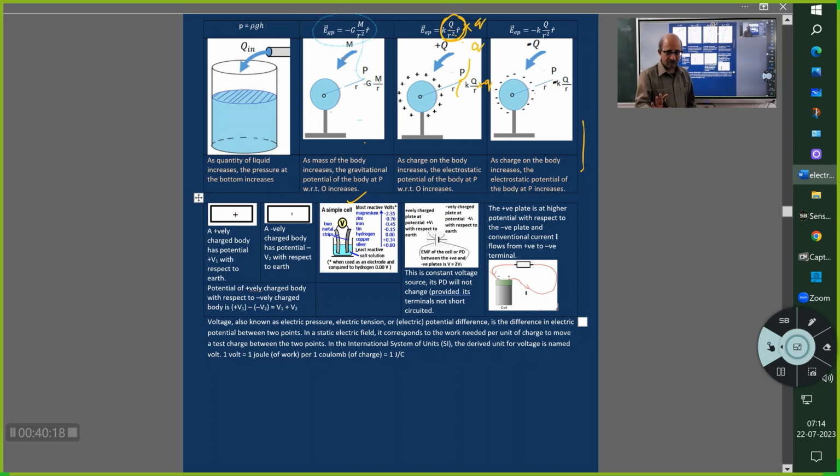Now I asked what does it mean in this circuit? It is the work done for moving a charge from positive terminal to negative terminal. Now you use the word a charge. What do you mean by a charge?